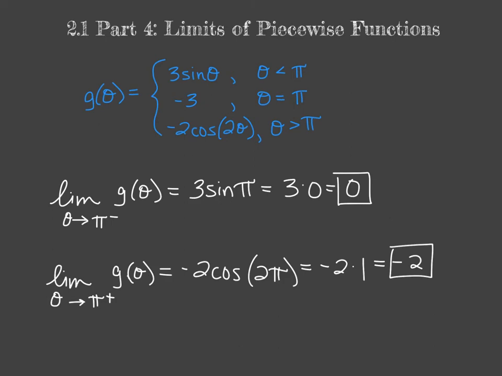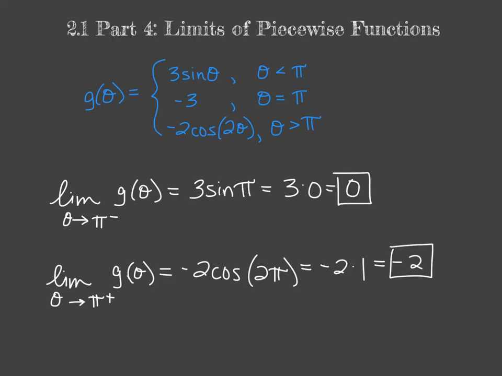All right, so our left and right-sided limits as theta approaches pi exist, but our overall limit as theta approaches pi does not exist because the left and right-sided limits are not the same value. Now, this is an interesting part of a piecewise. The only time our function equals -3 is when theta is exactly pi.